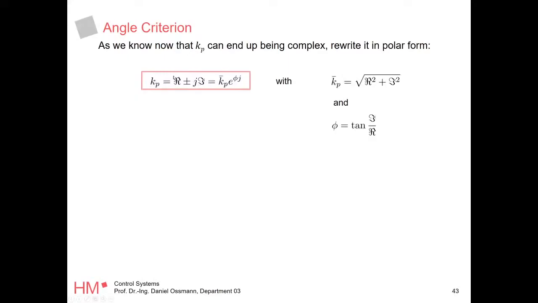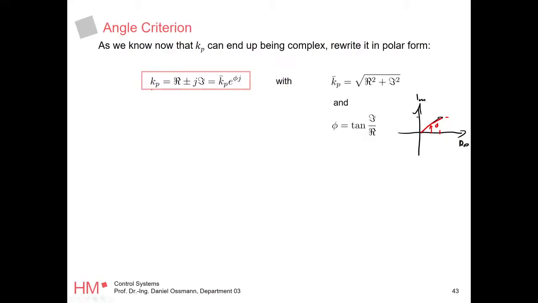We are simply rewriting this from real and imaginary part to an amplitude and an angle. And you know from basic math how you do it. You take a Pythagoras and compute. Say you have a complex number with a real part and an imaginary part, and instead you're saying it has a magnitude and an angle phi. This is all what this means, right?